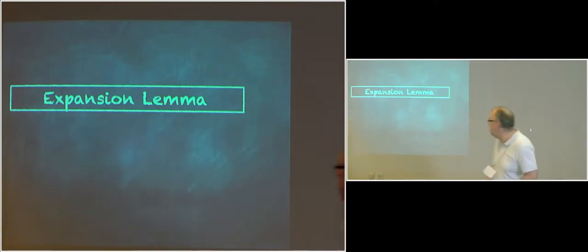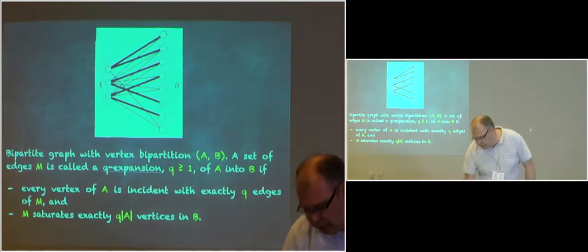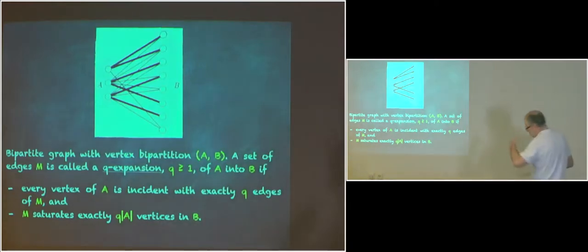Okay, so the last tool which I want to discuss is the expansion lemma. The expansion lemma is also a very useful and handy tool, which can be seen as a generalization of crown decomposition. What is an expansion in a graph?